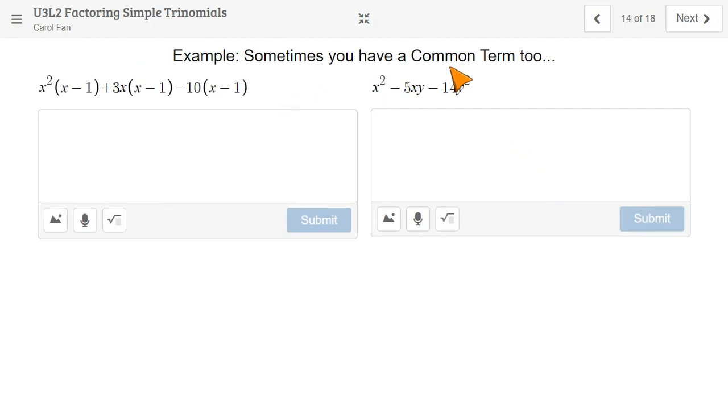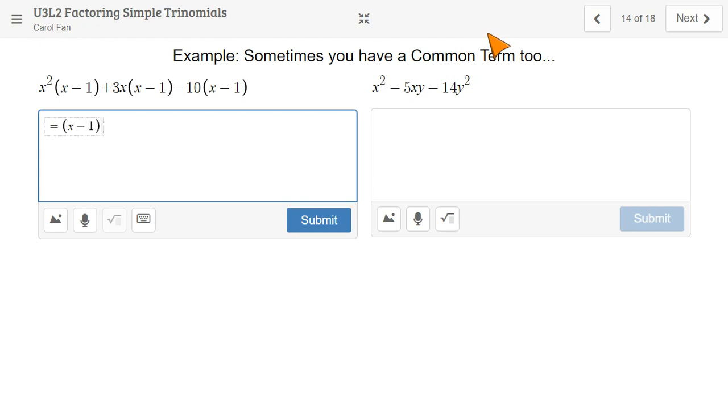Now, sometimes you can have a common term as well. So in this case, I have x minus 1 in each of the terms. So I'm going to factor out x minus 1 and write what I have left. So x squared plus 3x minus 10.